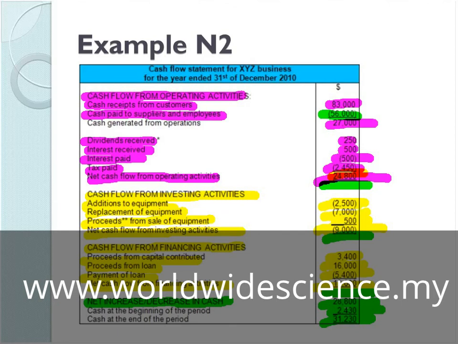Here is just mathematics. 83 minus 56 will be 27, plus 250, plus 500, minus 500, minus 2,450 will be 24. Okay, just one more type for you.